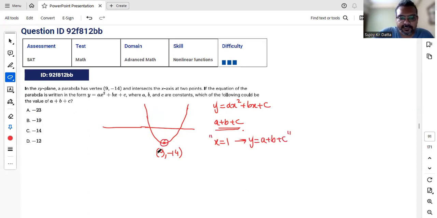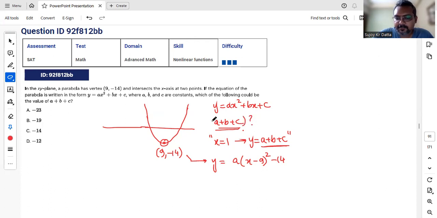Now, since the vertex is 9, negative 14, from here I can write y to be a times x minus 9 squared minus 14. Here, if I were to plug in x as 1, the y value that I will get is basically this value only, right? Because they are after all the same equation.